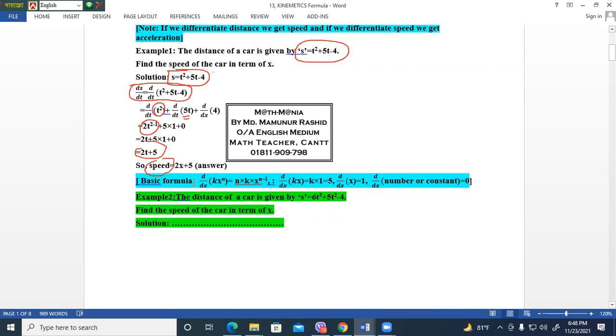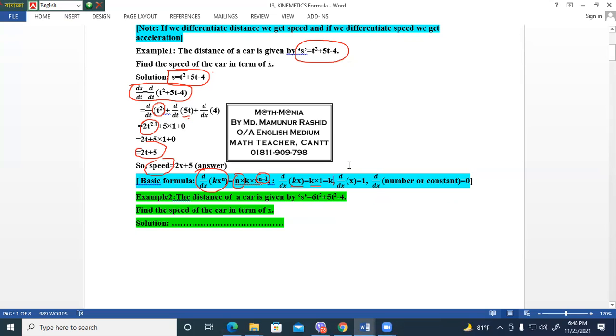Now the basic formula is already given here. d by dx of kx to the power n means the power n should be multiplied, then 1 should be subtracted from the power n. For a constant times x, it should be k into 1, so it should be k only. K means constant here.